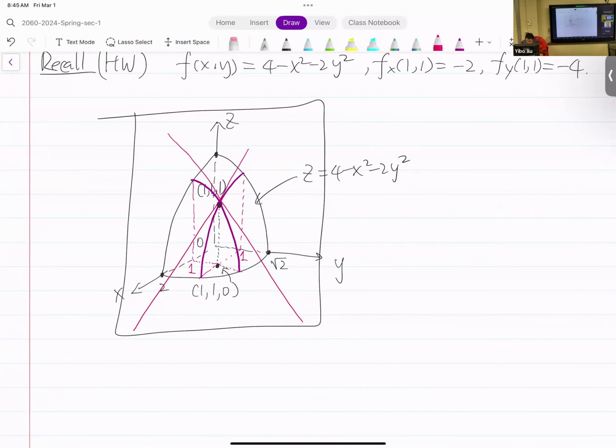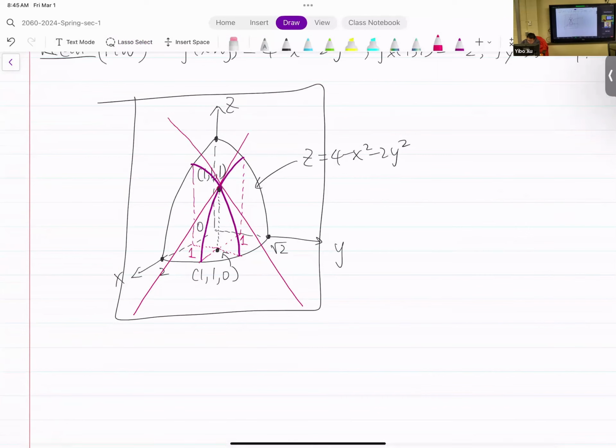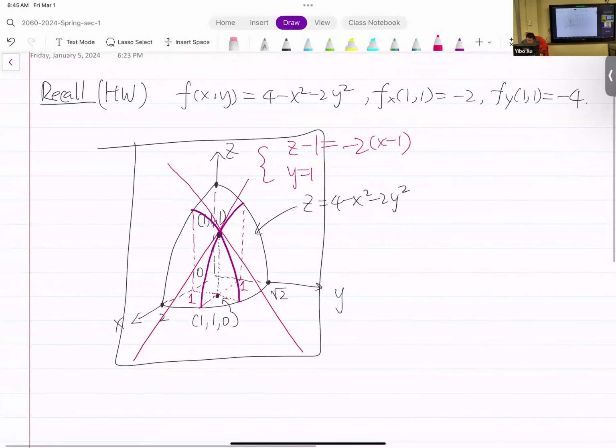We also have the equation of the tangent lines. For this one, we are on the plane y equals 1, and we have z minus 1 equals -2 times (x minus 1). What's -2? -2 is the instantaneous rate of change for the tangent line, the slope.